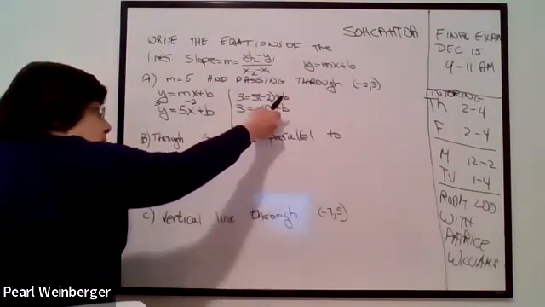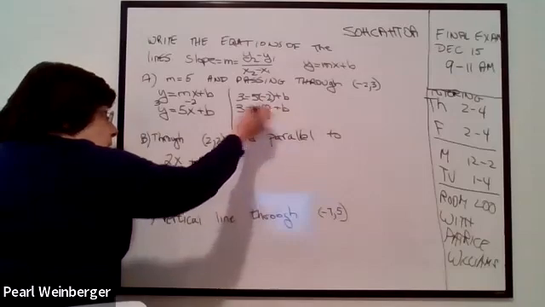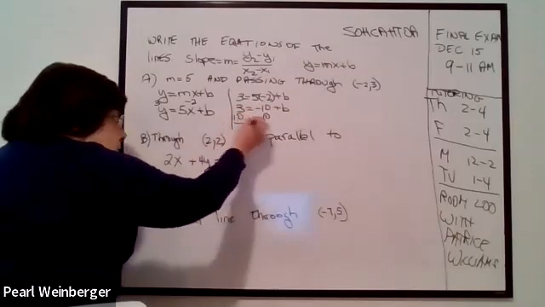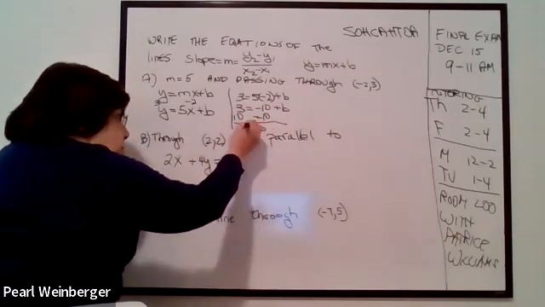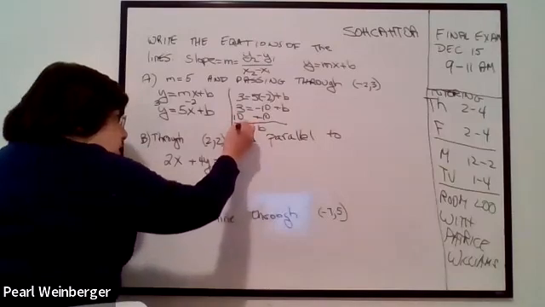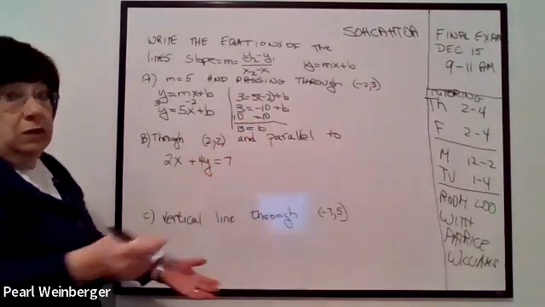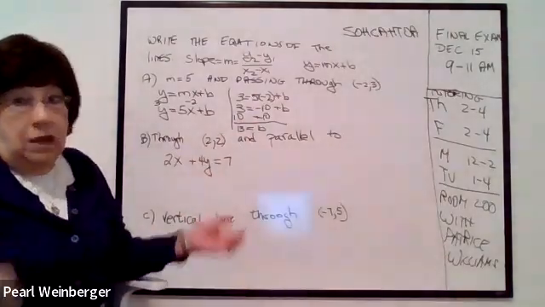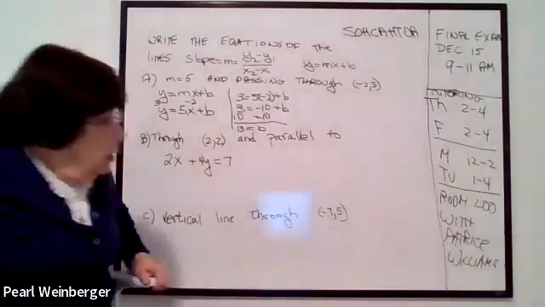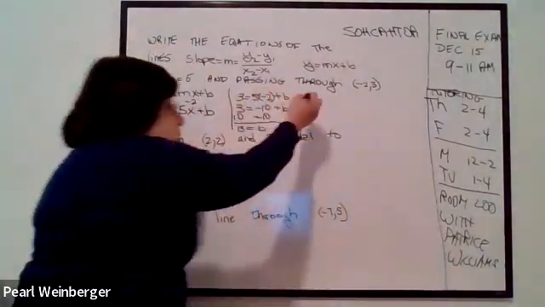And to get the b alone, I'm going to add 10 to both sides. So it turns out that the b is 13. If you were asked, what is the y-intercept of this line, you would have to say it's 13. But they didn't ask that, they asked us for the equation of the line.